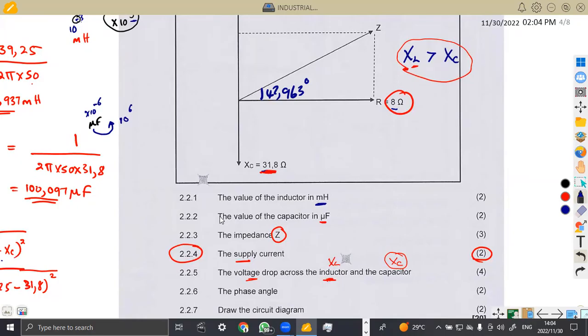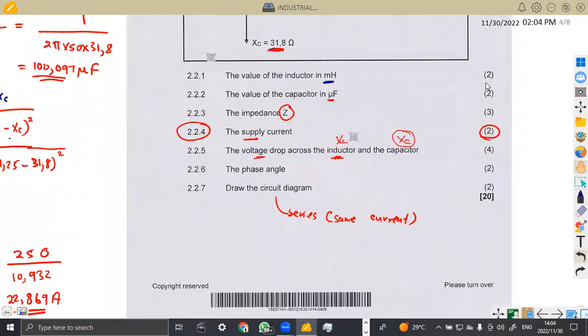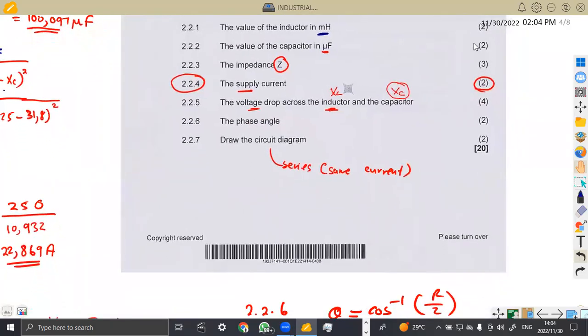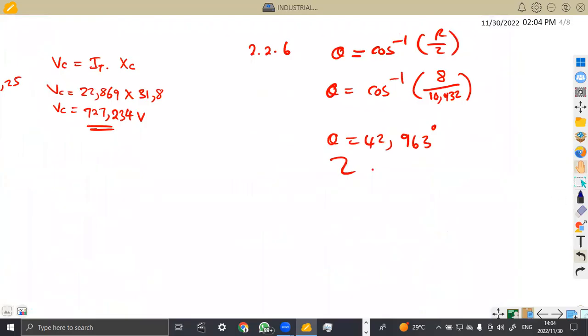Then the last part was for you to draw the circuit diagram. Like I was saying here, this is a series circuit, which has got a resistor, an inductor, and a capacitor. So you just have to draw a circuit diagram like that, having a resistor, inductor, and a capacitor in series.